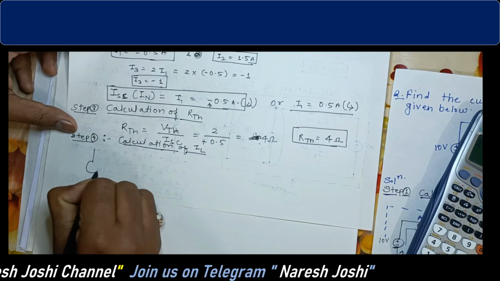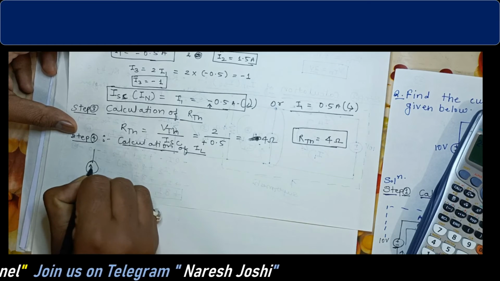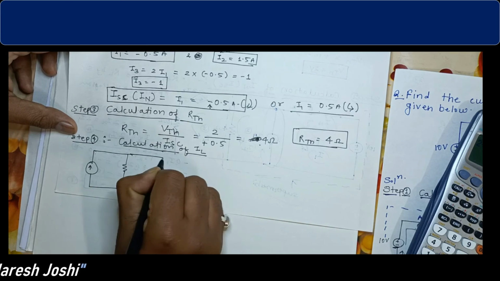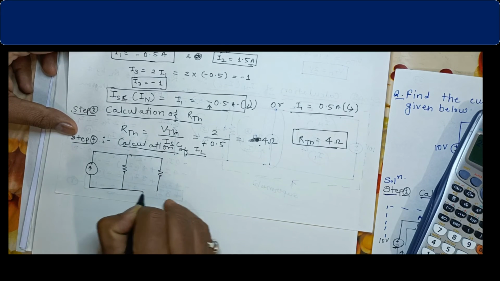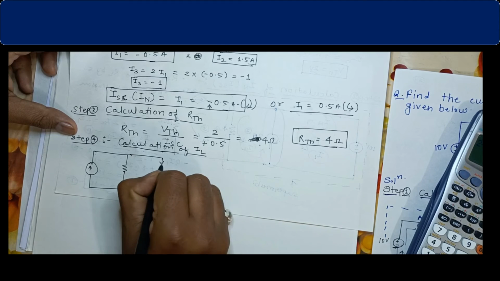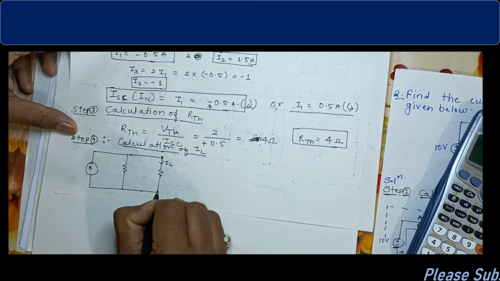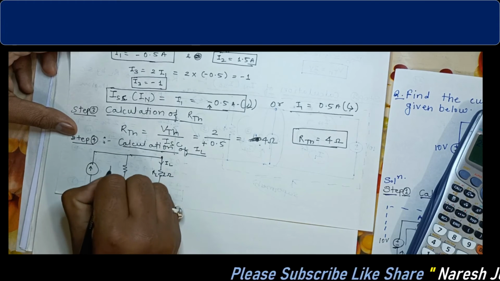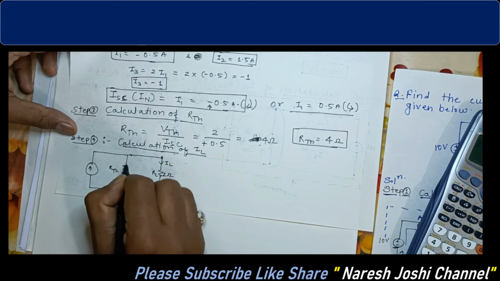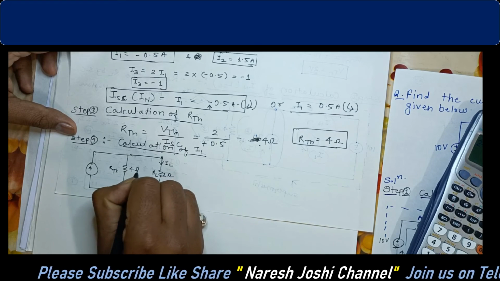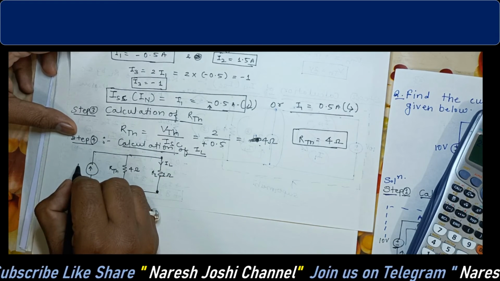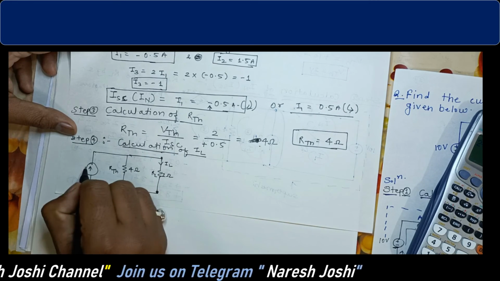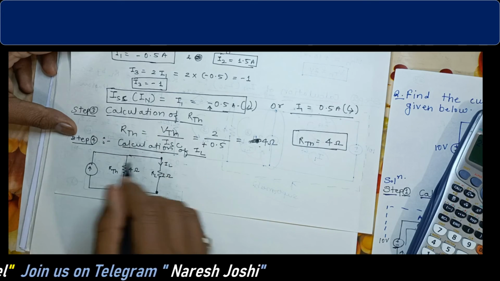While drawing this circuit diagram, this is the IL, and the resistance 2 ohm, and this is our RTH that we calculated, 4 ohm. I have drawn the Norton's equivalent, but in the question it is Thevenin's, so we have to change it.